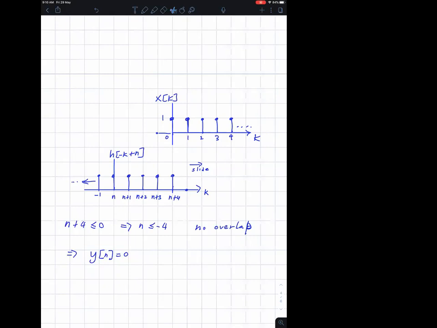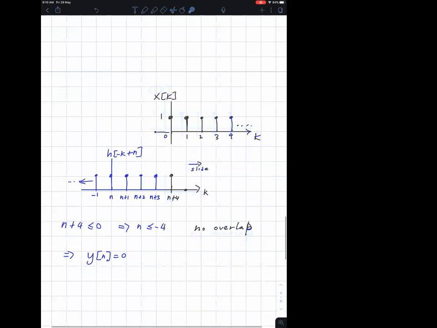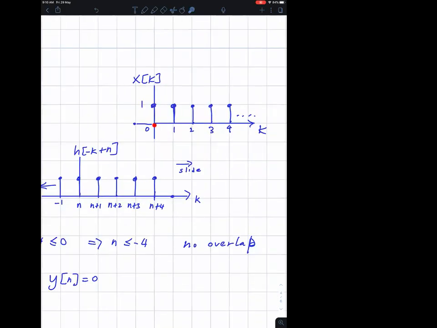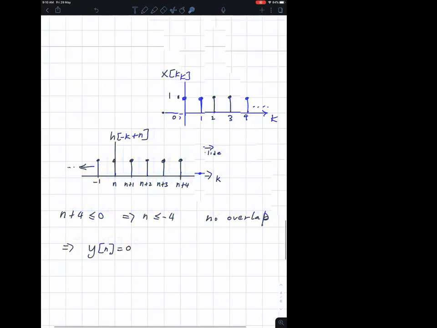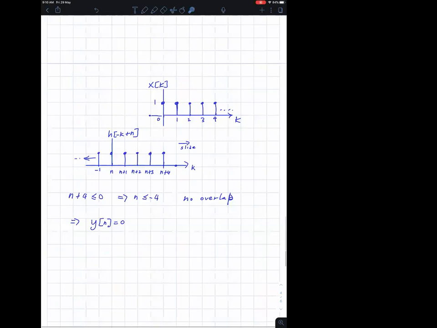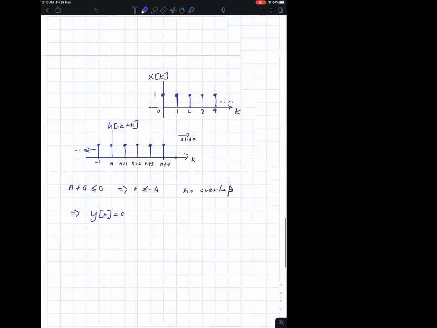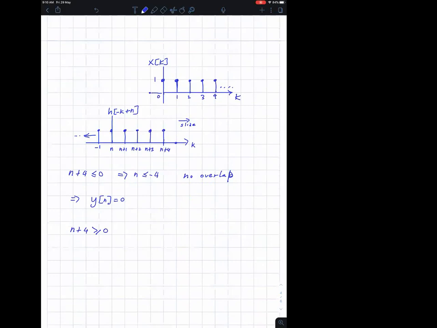This is 0, and n plus 4 is aligned with 0. Once n plus 4 is equal to 0 or greater, you're going to get overlap. You can start overlapping them.